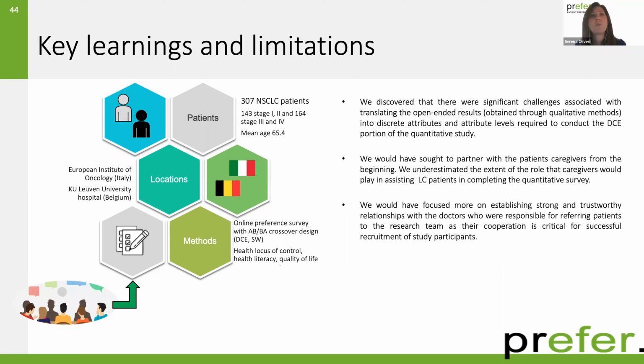The risk is to lose important information that can arise in an open discussion with the patients. The other important aspect is that we underestimated the importance of involving caregivers and physicians in engaging patients to participate in our study.